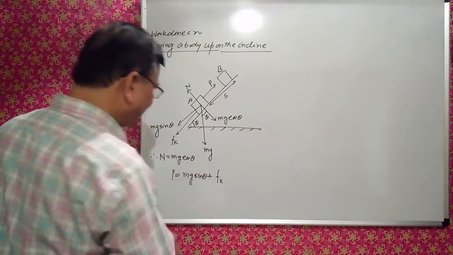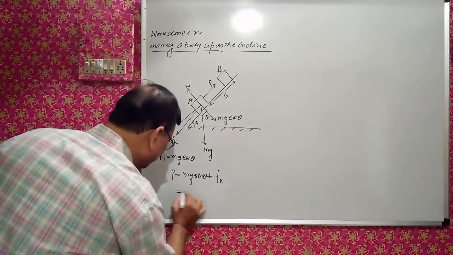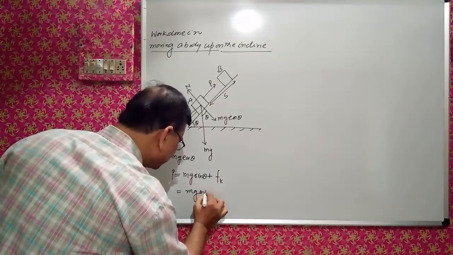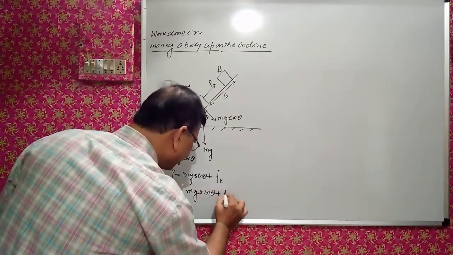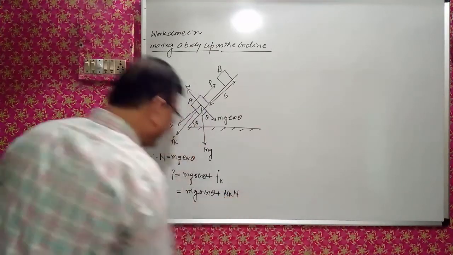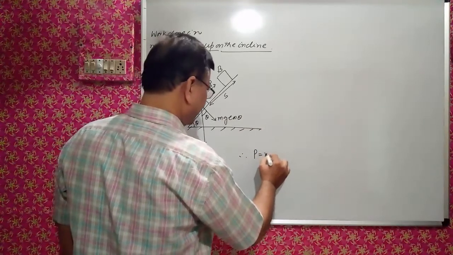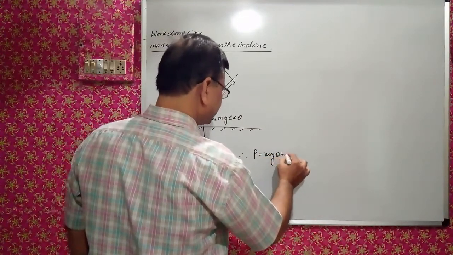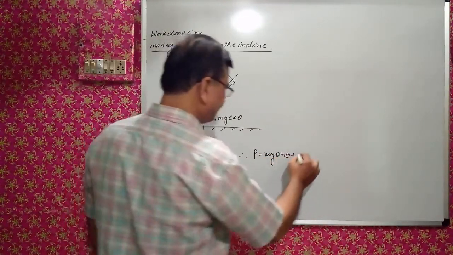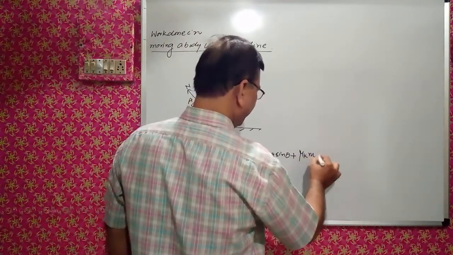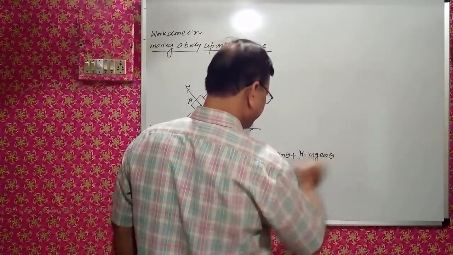So we can put the value of Fk in this case, that is equal to mg sine theta plus mu k into N. Therefore, P is equal to what? Mg sine theta plus mu k mg cos theta.